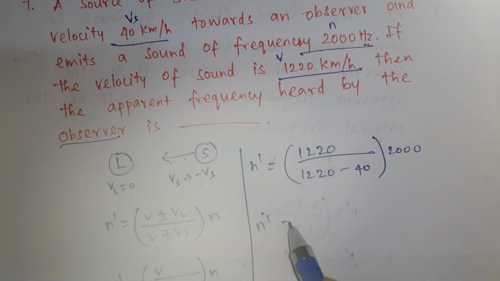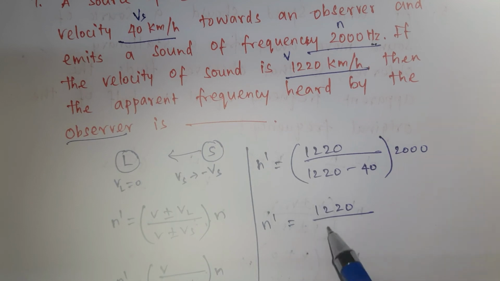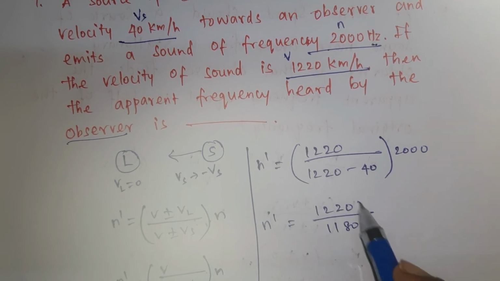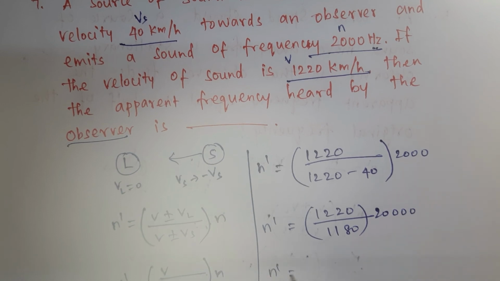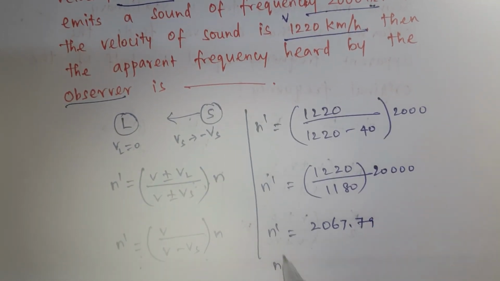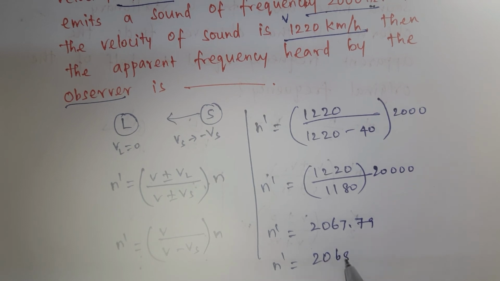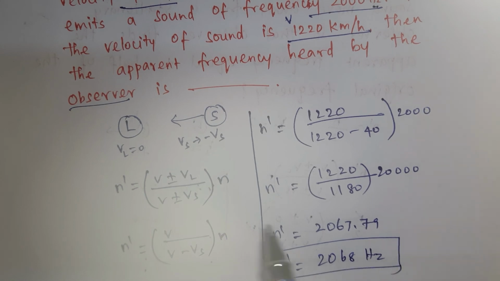Now n dash is equal to 1220 divided by 1180 into 2000. If we simplify this, we get the answer 2067.79. Then if we round off the value, n dash is equal to 2068 Hz. This is the frequency heard by the observer. This is the answer.